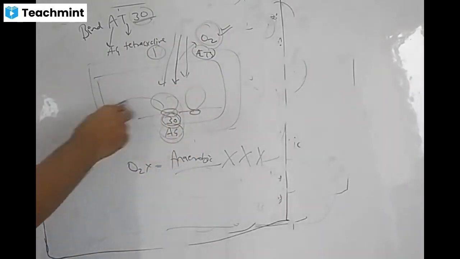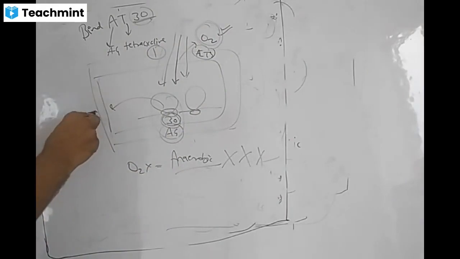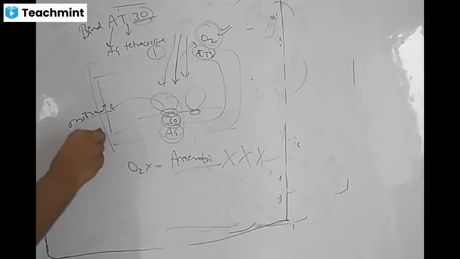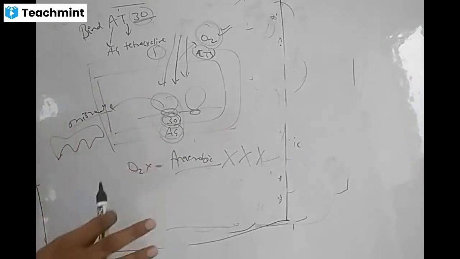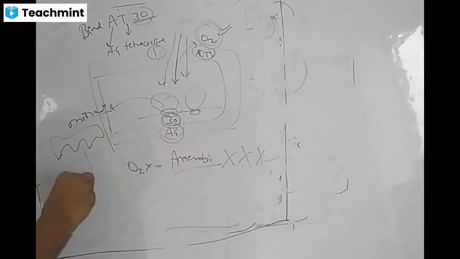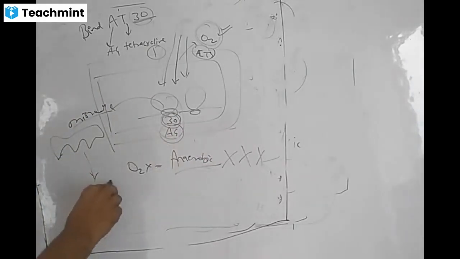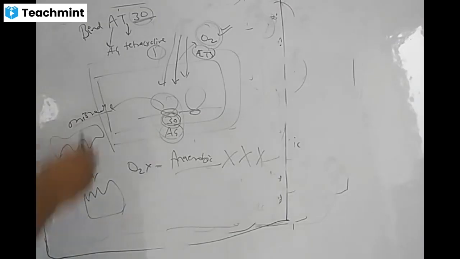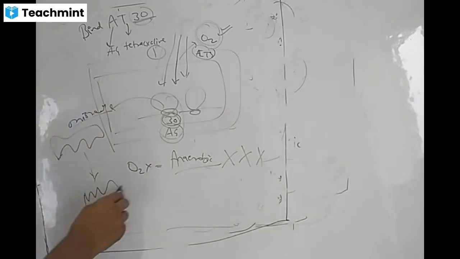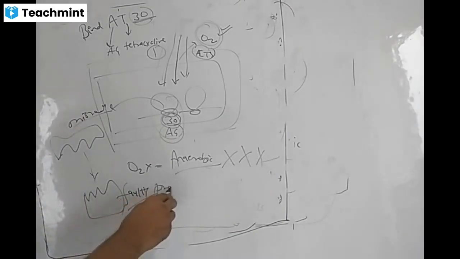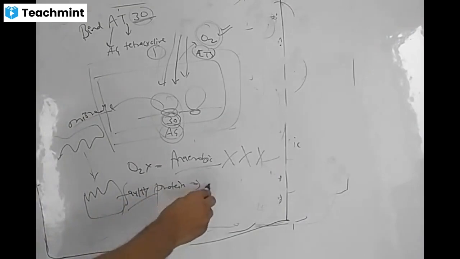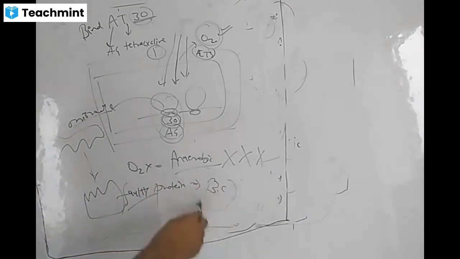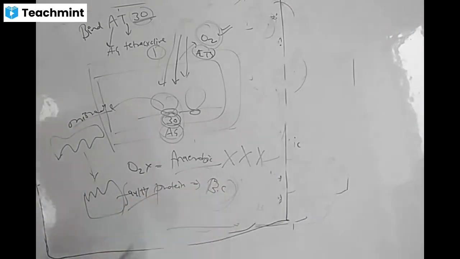And this binding may cause misreading of genetic code, and suppose this is the shape of the protein which was normally formed, now this will be formed like this. So there is misreading and it will form a false protein that most of the time is cidal in nature, kills the bacteria. So aminoglycosides are bactericidal.